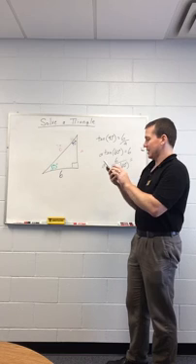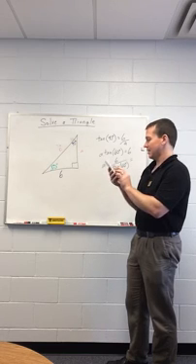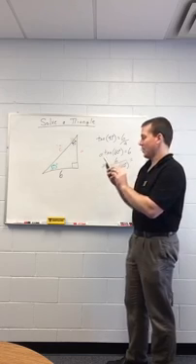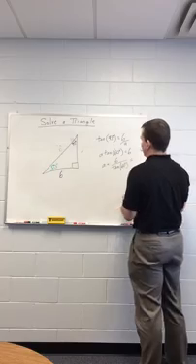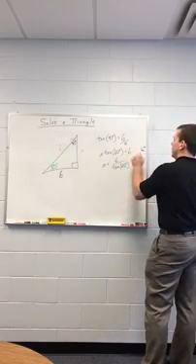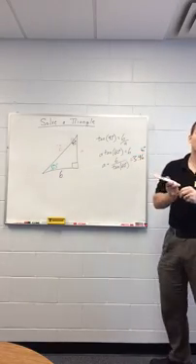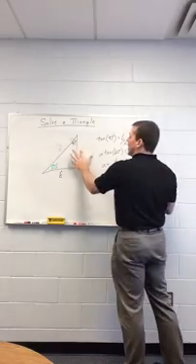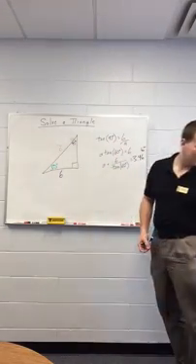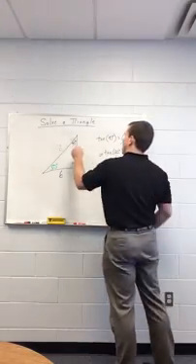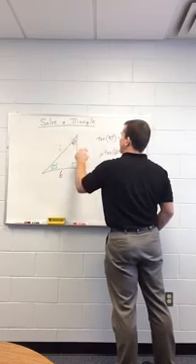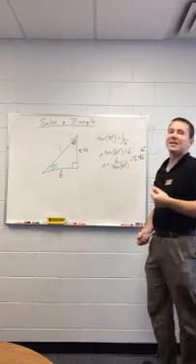Let's see, 6 divided by tan 60 equals 3.46. So now I know a, I can fill that in, 3.46. Now I just need to find c.